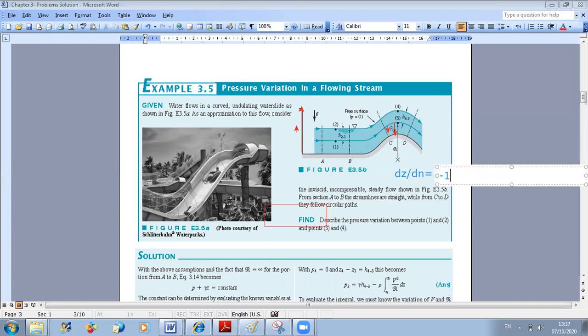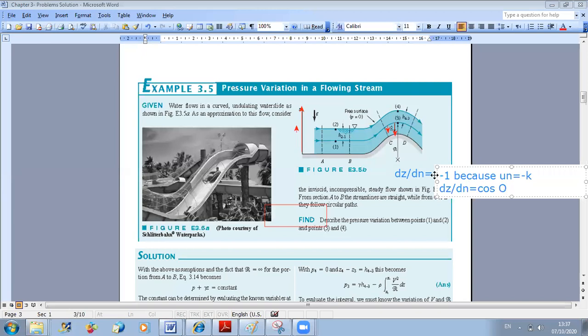It's equal to minus 1 because the unit vector un is equal to minus the k vector. This is why dz over dn is minus 1, since the two axes are opposing each other. If you want to see it from another perspective, we have seen that dz by dn is equal to cosine theta, and theta represents the angle between k and un.